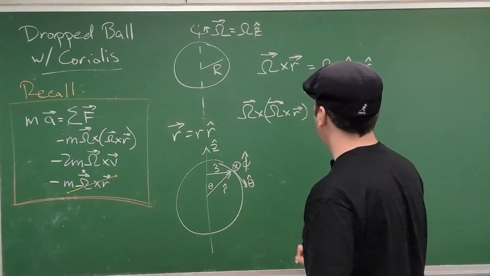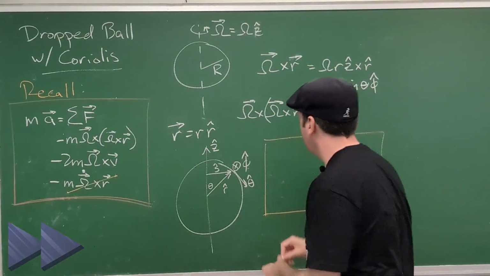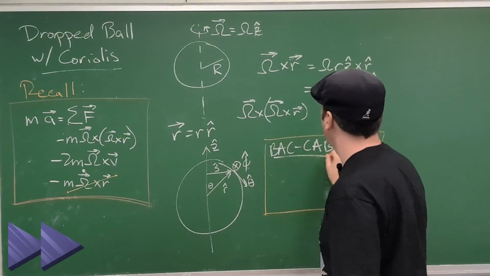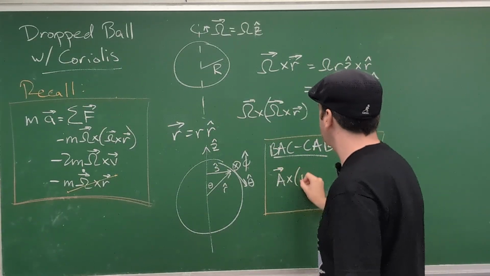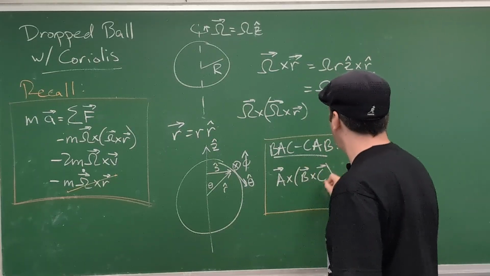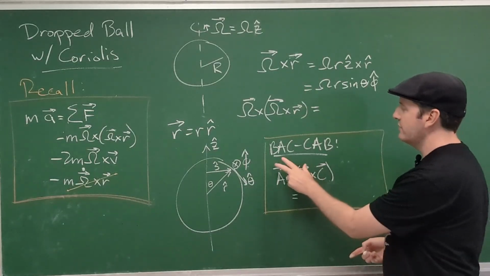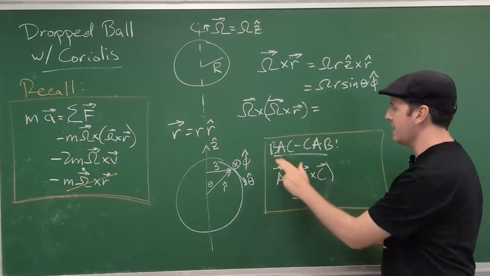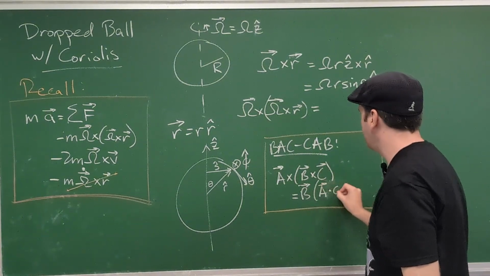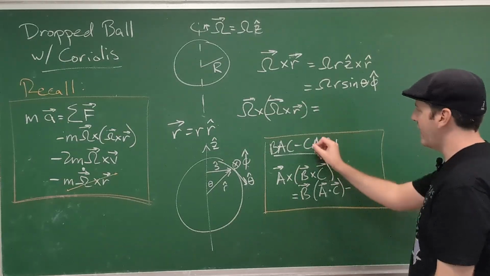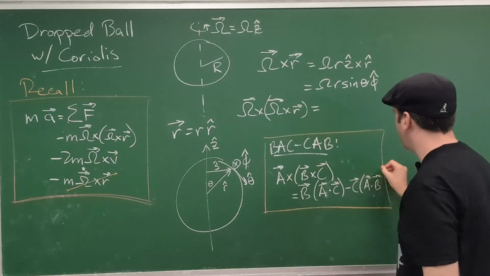So the BAC-CAB rule, as it's sometimes known, says that if I have a cross product, which is A cross B cross C, so the rule tells us that what we're going to do here is I'm going to take B, the vector, and multiply it by the dot product A dot C, and then I'll subtract C, the vector, multiplied by the dot product A dot B.